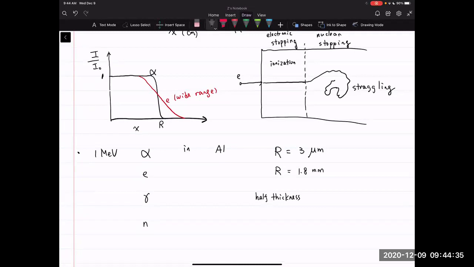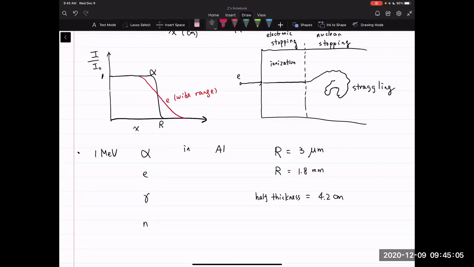We can only define this kind of range based on the distance at which the intensity of the photon beam is reduced by half. So the half thickness for a 1 MeV photon in aluminum is in the centimeter range, like 4.2 centimeters.